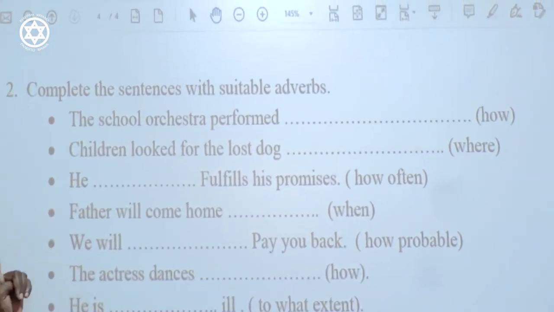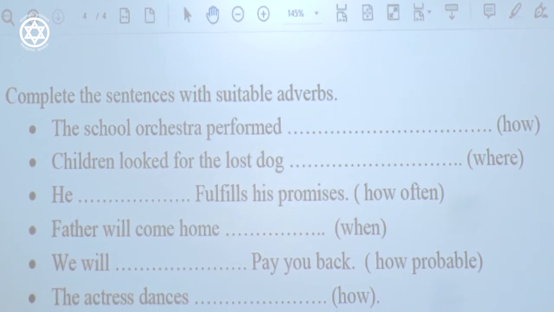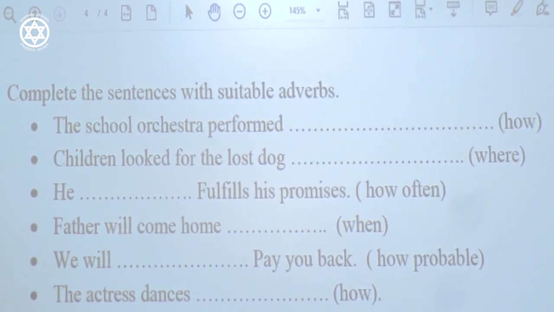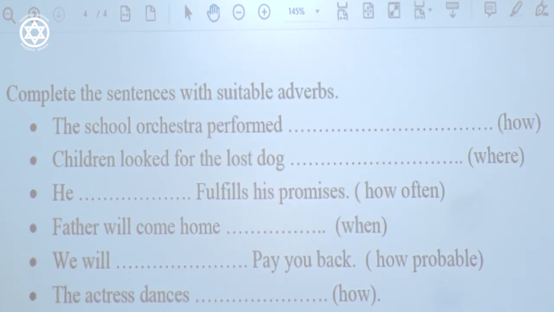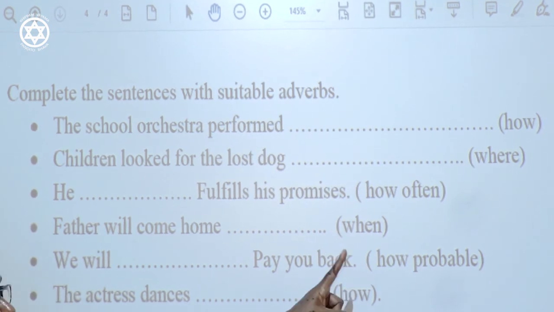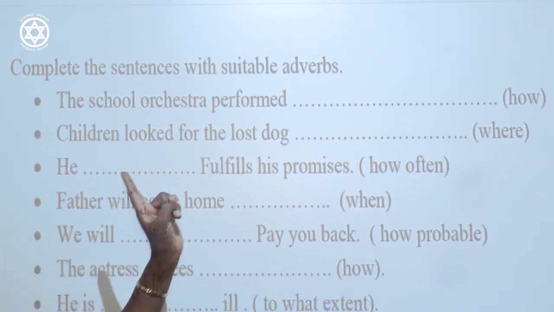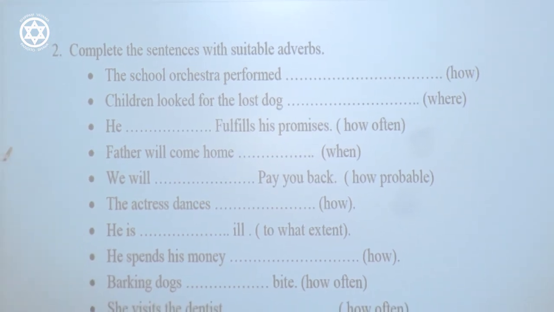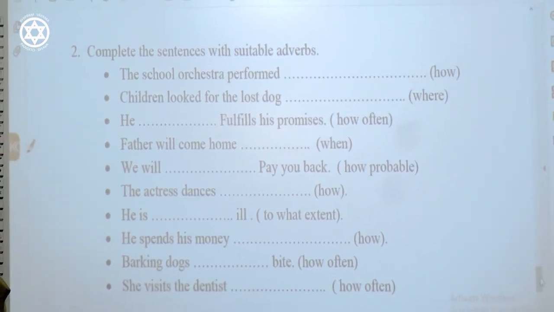Then, the children looked for the lost dog. What is the adverb that comes in the blank? You have to find an adverb which tells us where it happened. Likewise, according to the word given in the example, you have to decide the kind of adverb that you have to use to fill the blank.